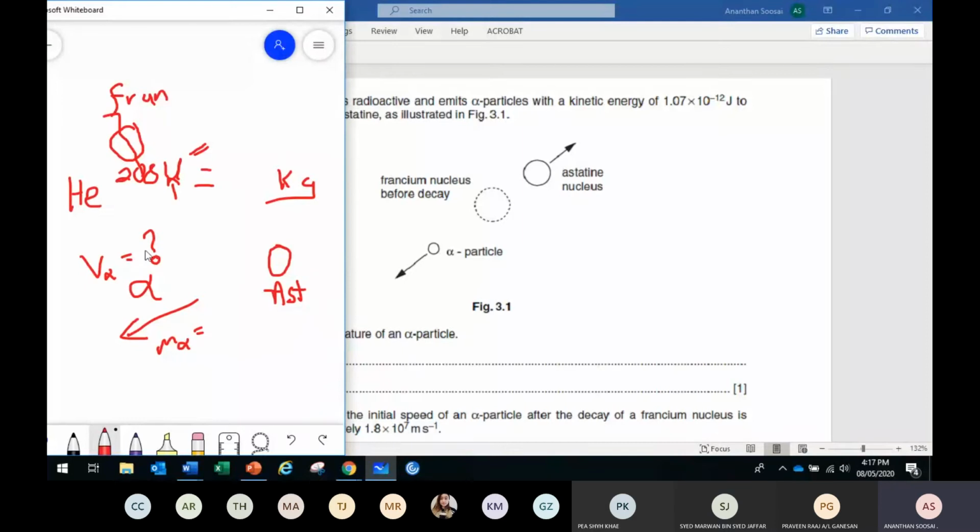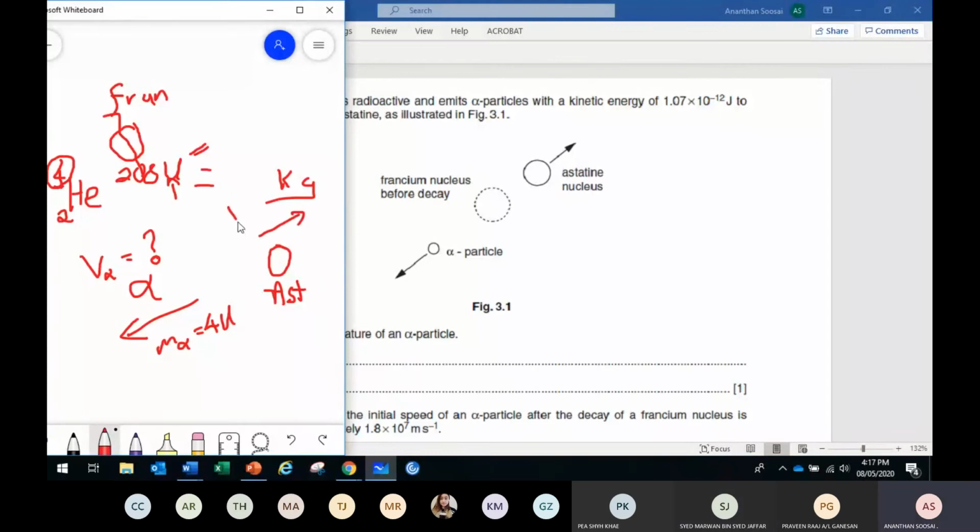What is the nuclear number of helium? 4. What is the proton number? 2. Good. So the mass of alpha is 4U. You need to multiply by U, a constant, to find the mass in kilograms.